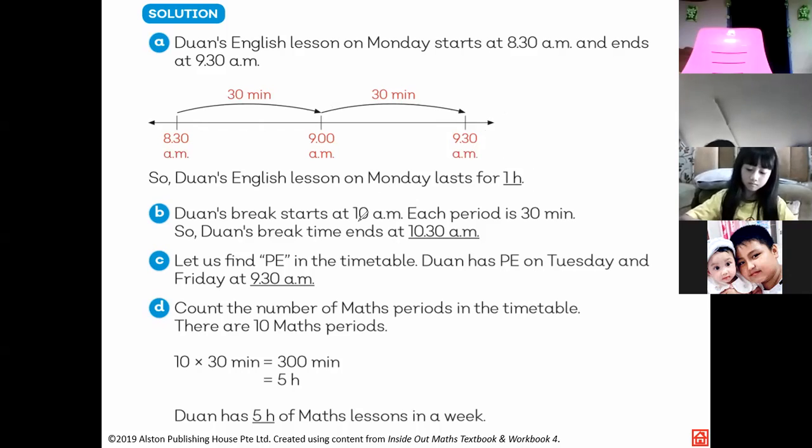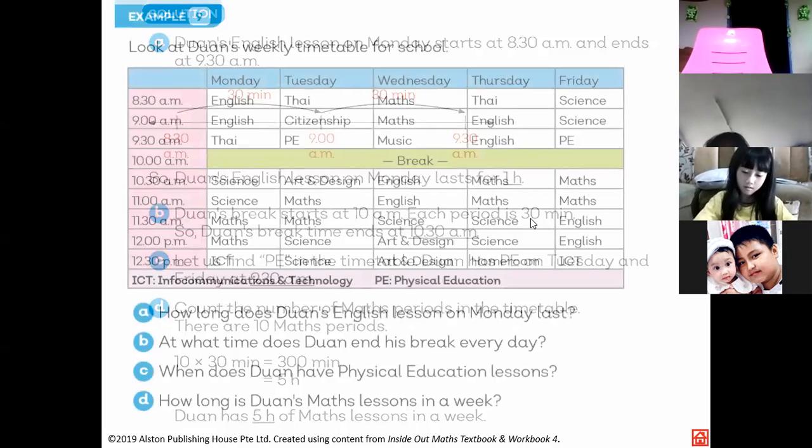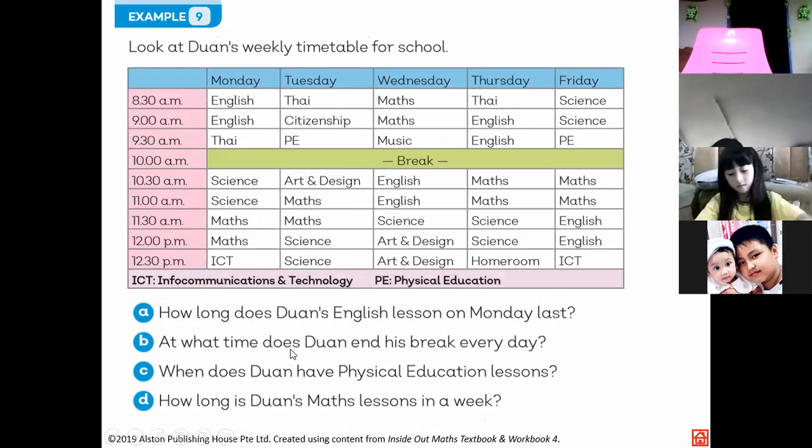Duan's break starts at 10 a.m. and each period is 30 minutes. So the question for letter B is, at what time does Duan end his break every day? So class, this is the break of Duan.